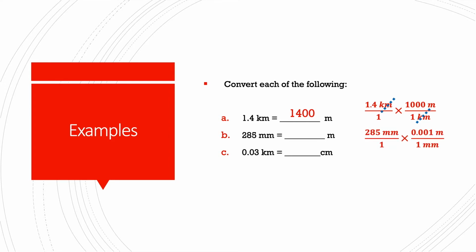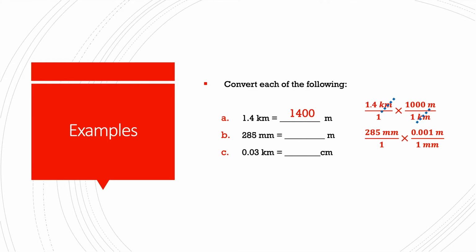For my second one, 285 millimeters, and I'm converting it to meters. So I kind of did this a different way, but if you think about it differently, I'll explain that here in a second, and I'm fine with that. So the equivalency for 1 millimeter, which is kind of atypical to think about it, I think this is backwards, but 1 millimeter is 0.001 meters, or 1,000th of a meter.